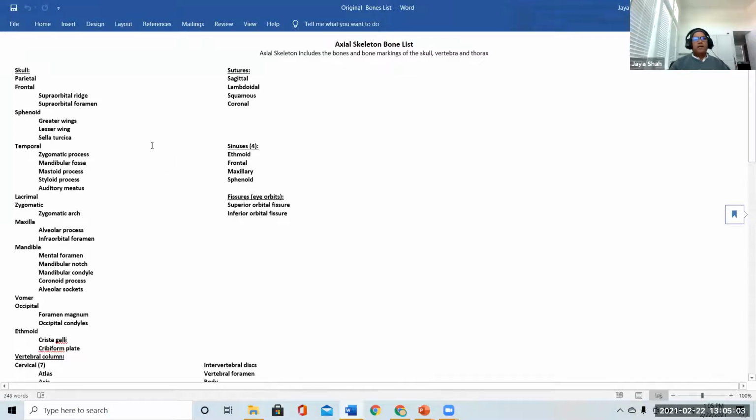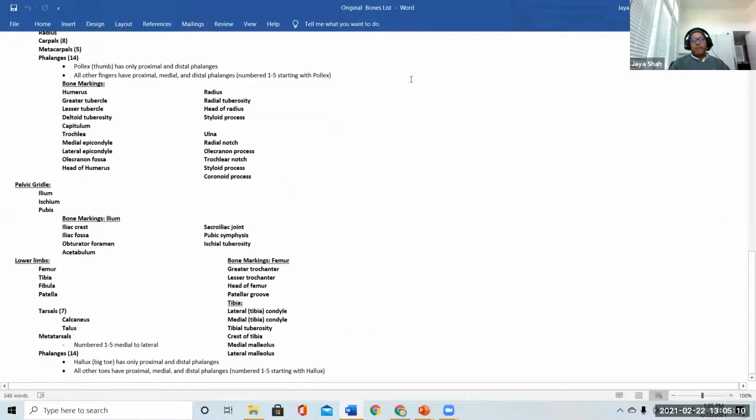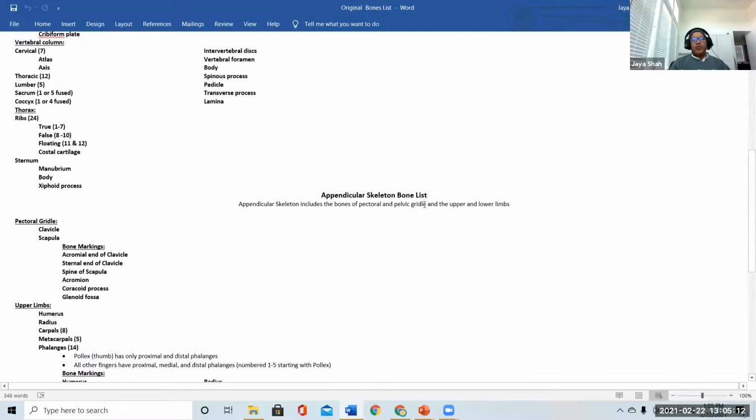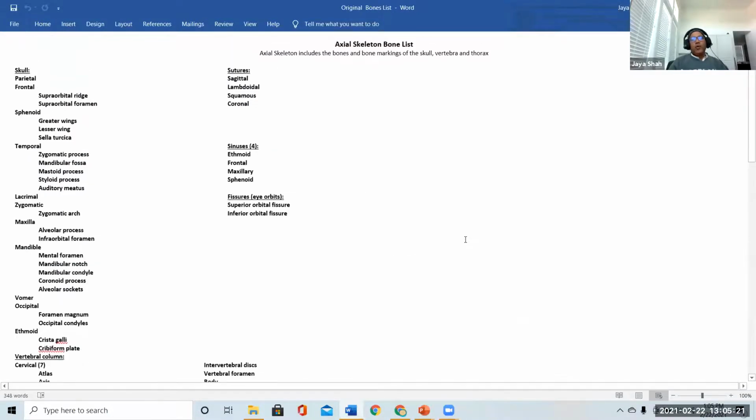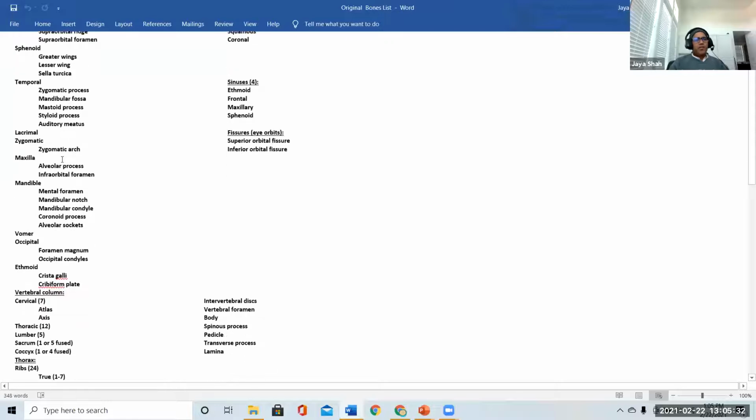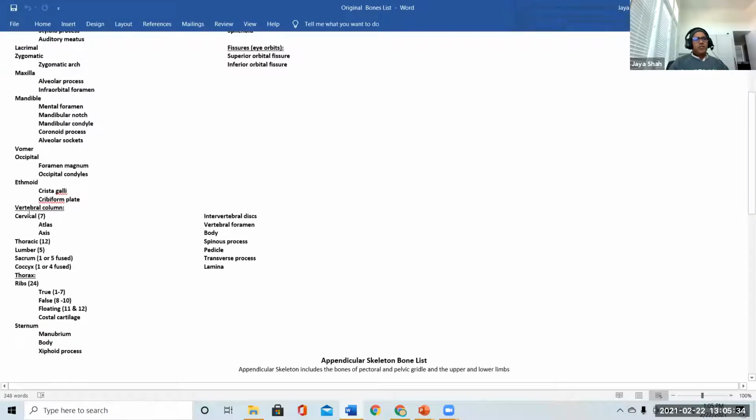Yes. So here the bones are divided into the axial skeleton bone list and the appendicular skeleton bone list. We have 206 bones in our body, but we're not going to study all of them in detail, but we'll identify and name most of them. The bones are listed by region, like the skull.